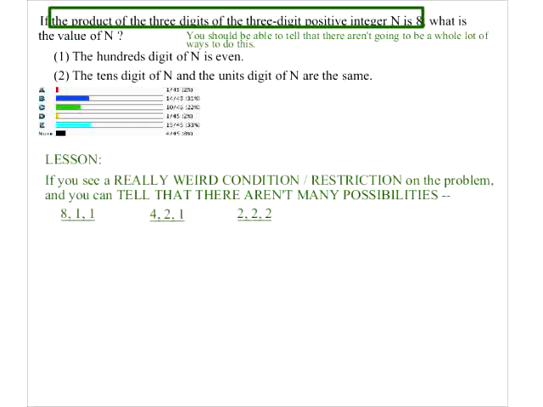So you just got to list them. You can do 118, 181, 811. You can be organized again: 124, 142, 214, 241, 412, 421. And then here's our spoiler friend, 222.